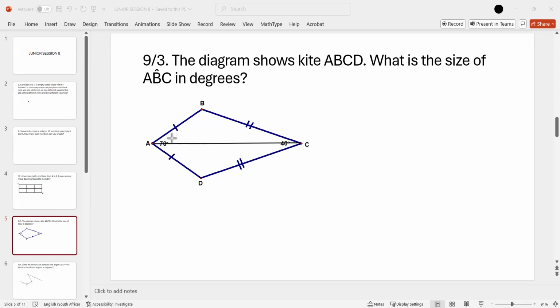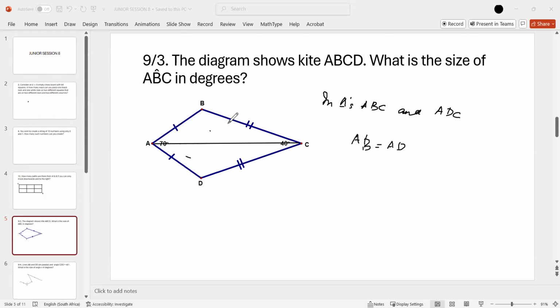So if you look at these two triangles, you can say in triangles ABC and ADC, you have the side AB of the top triangle equals AD of the bottom triangle.